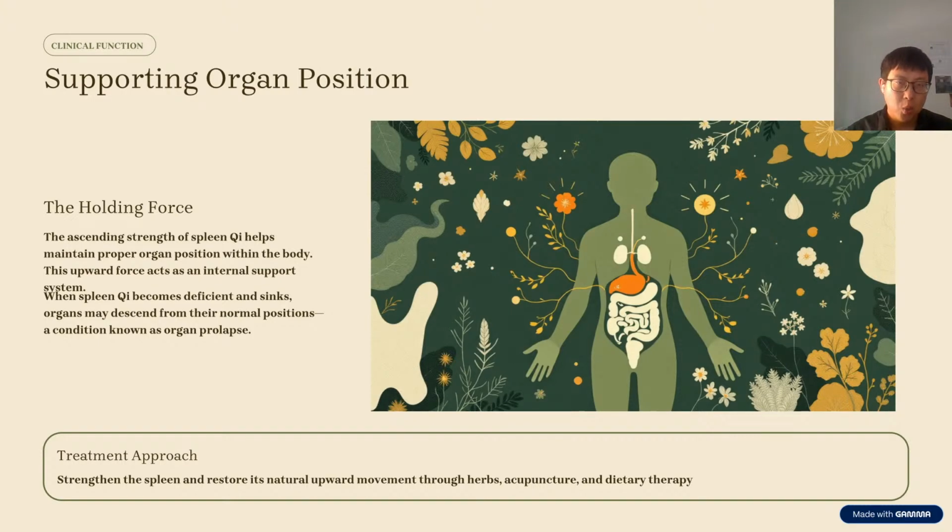So if the spleen goes back to normal, it will have enough energy to support all the organs. So it can treat the prolapse of the organs by supporting the chi, the energy.